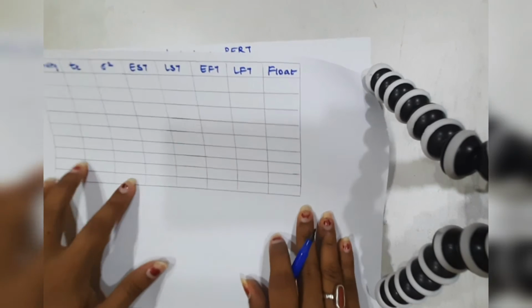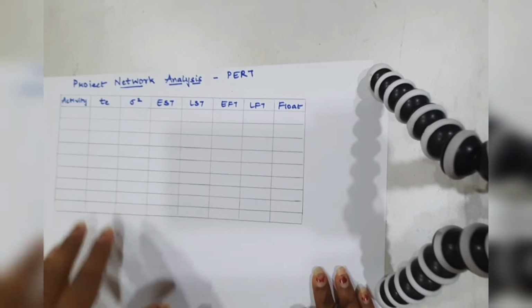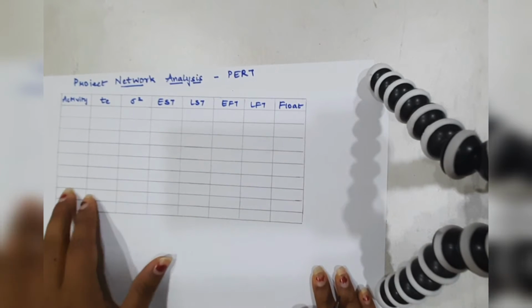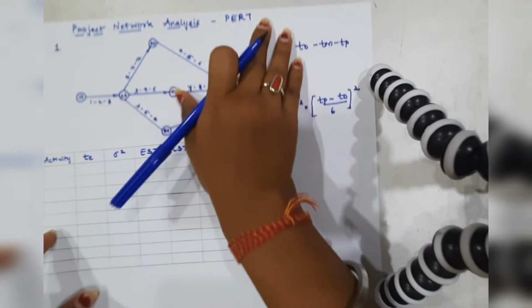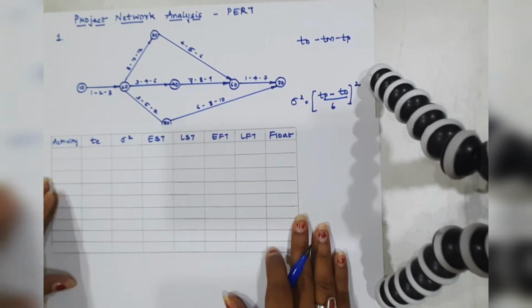Our first step while filling this table would be writing down all the activities mentioned in our project network diagram. Let us just mention them.